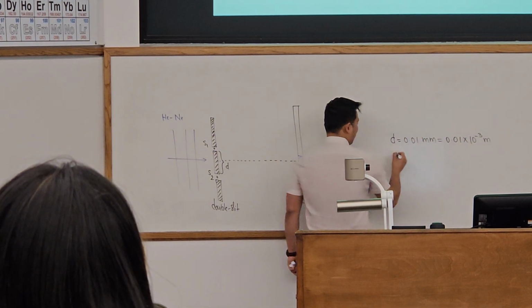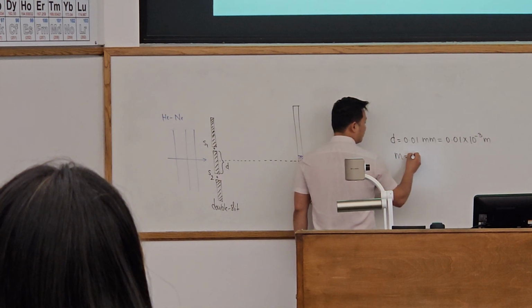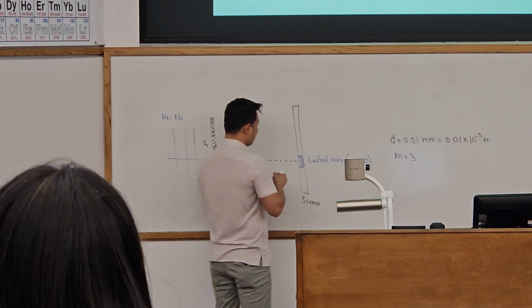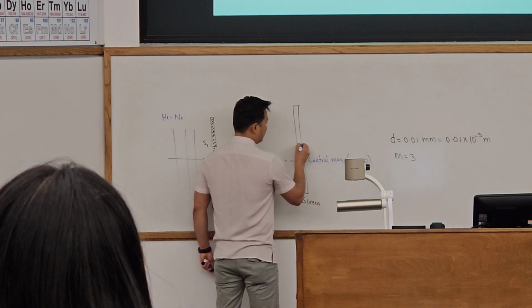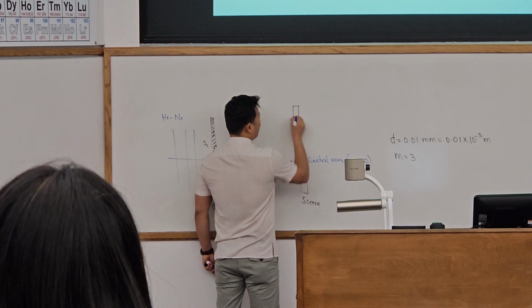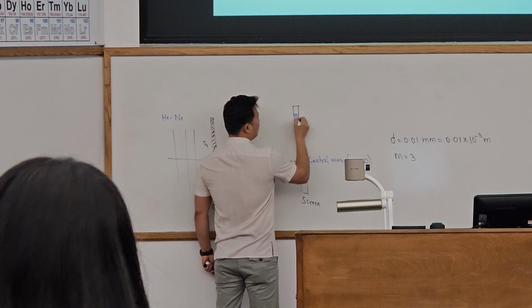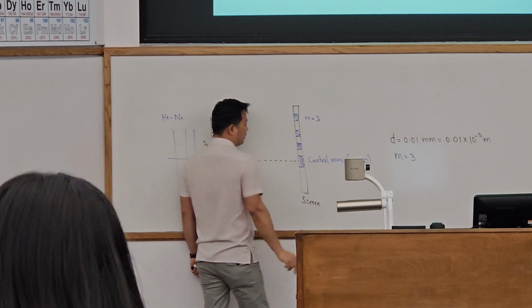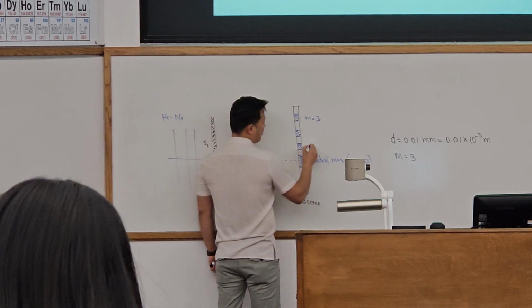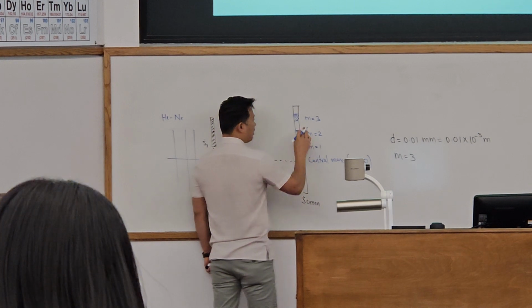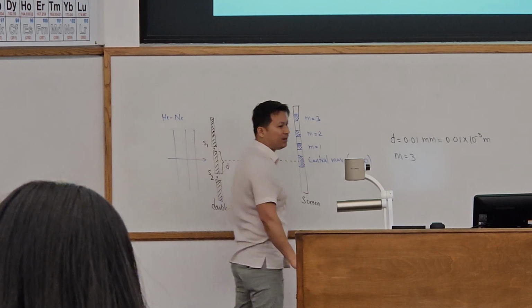This is the center. You have the first somewhere here, the second one over here, and I have the third over here. So it's n equal to 3. For the bright or maximum, first is n equal to 1, second is n equal to 2. I'm talking about this n equal to 3 over here.